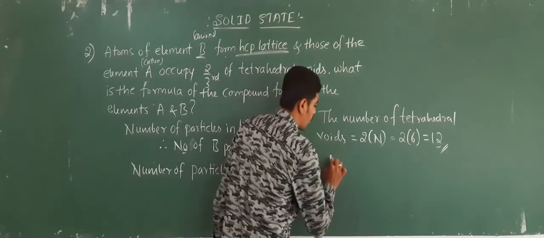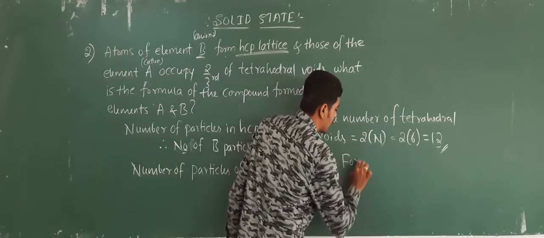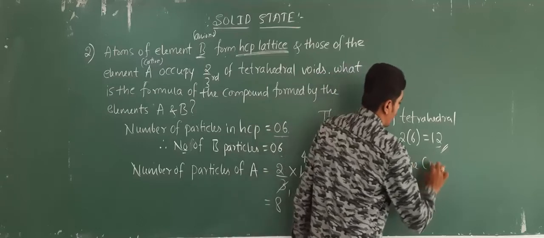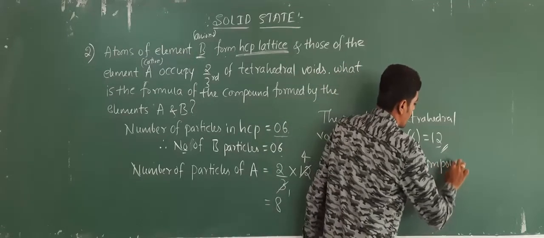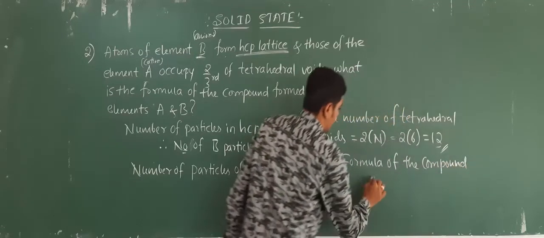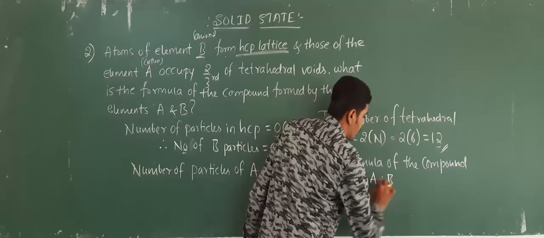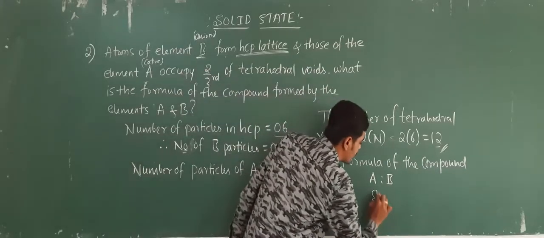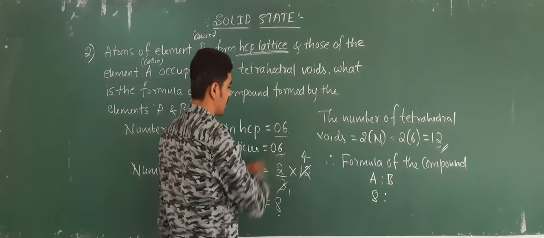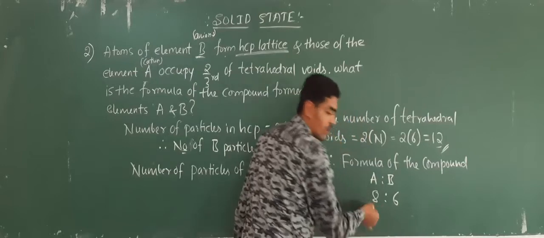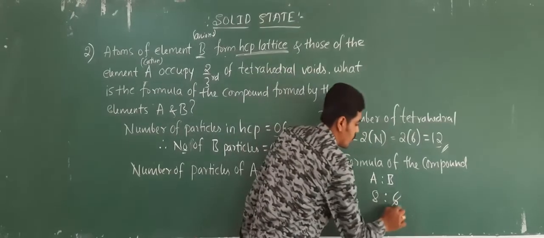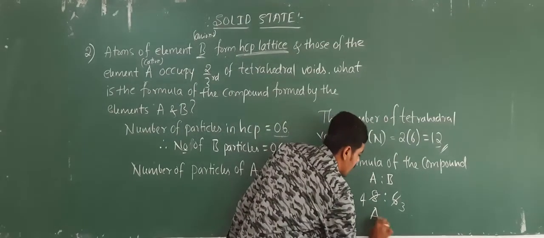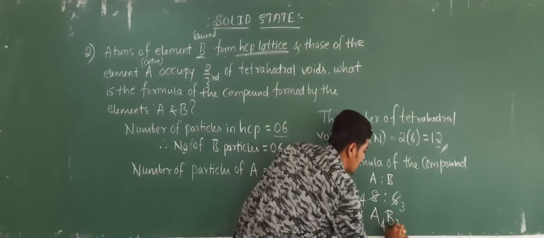Now therefore, the formula of the compound will be what? A ratio B. How many A atoms are there? 8. How many B atoms are there? 6. So take the simple ratio. 2 threes are 6, 2 fours are 8. How much will you get? A4B3.